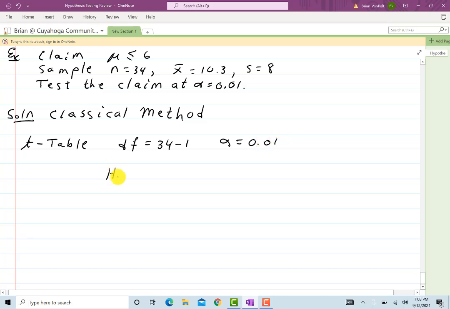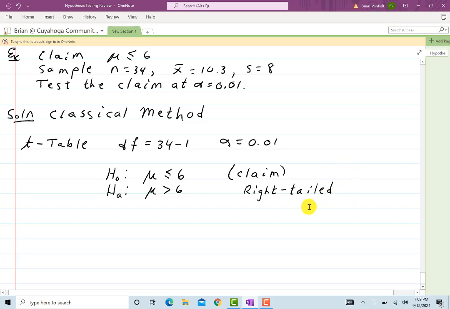Now, H naught is mu is less than or equal to 6, but HA is mu is greater than 6. That makes this a right-tailed test. So the rejection region will be off to the right.